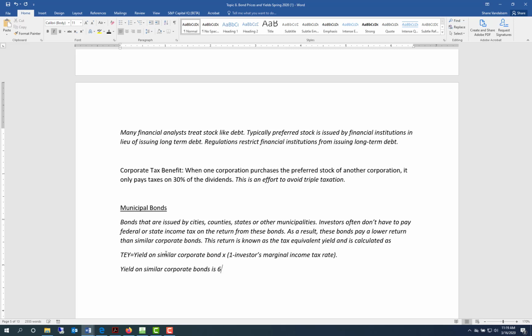is 6%, and the marginal income tax rate is 40%.